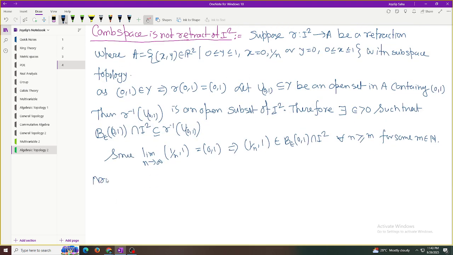Now B epsilon(0,1) intersection I square is path connected, it is convex.